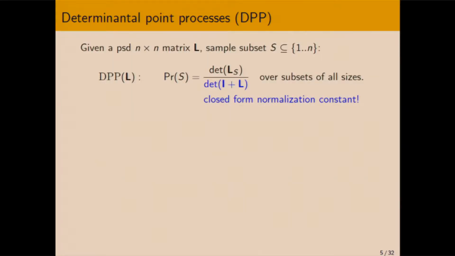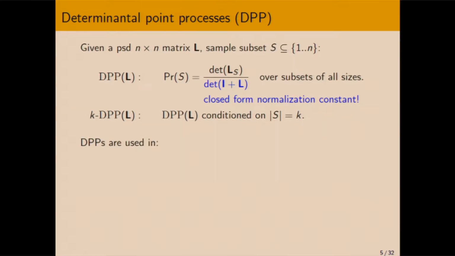The nice and very unique thing about this distribution is that even though we're not sampling independently, and we're sampling from this combinatorial object, the distribution has a closed form normalization constant. There's this constant in blue, which is also a determinant. And if we really want to sample a subset of a fixed size, we can do that. Those are called k-DPPs. We just take a DPP and condition on the subset size being k. Then we sacrifice the nice closed form normalization constant in that case.